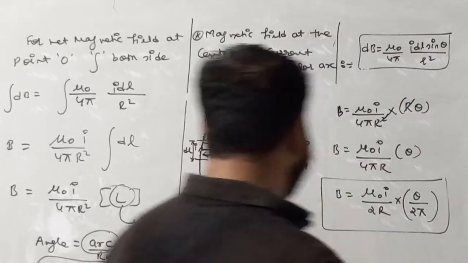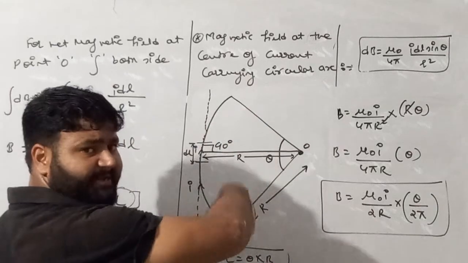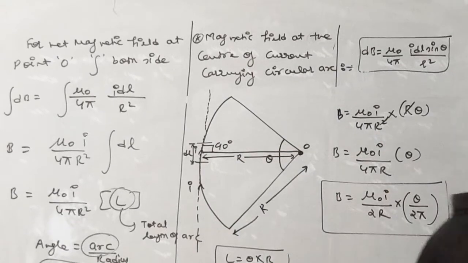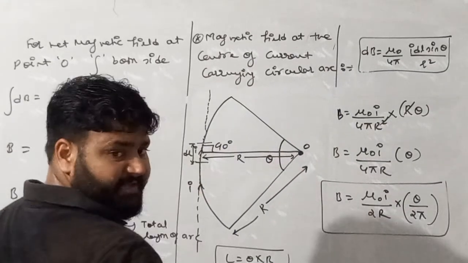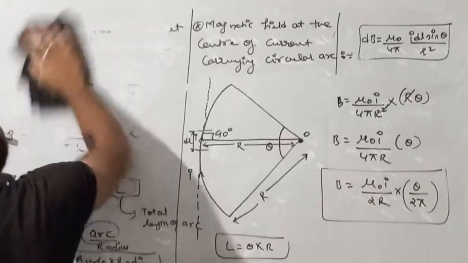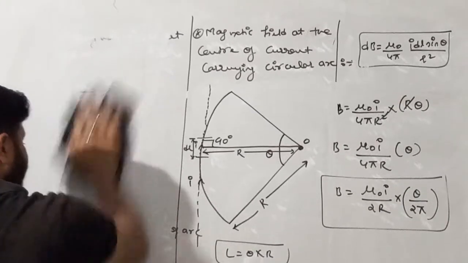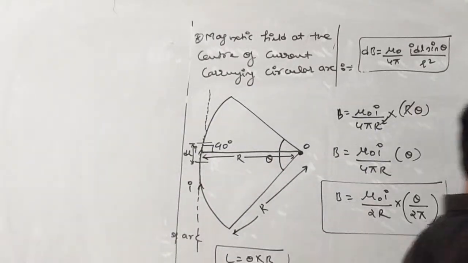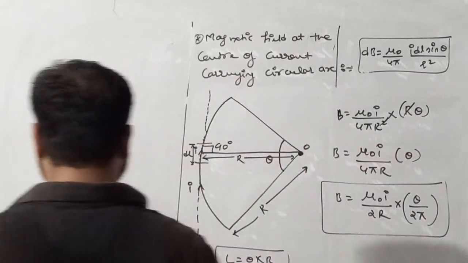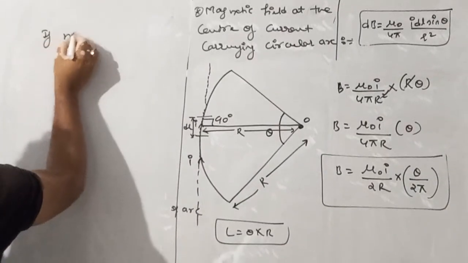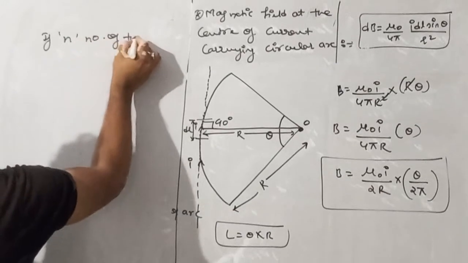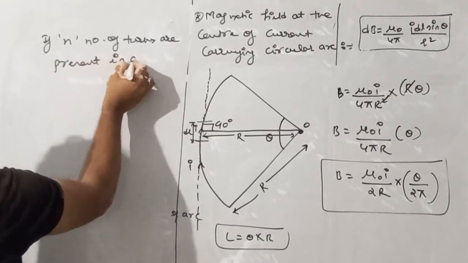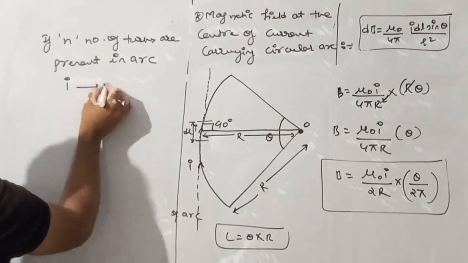Now again, my dear students, this is basically a circular arc, so the arc can carry more than one turn. So if n number of turns are present in the arc, I will be replaced by NI.